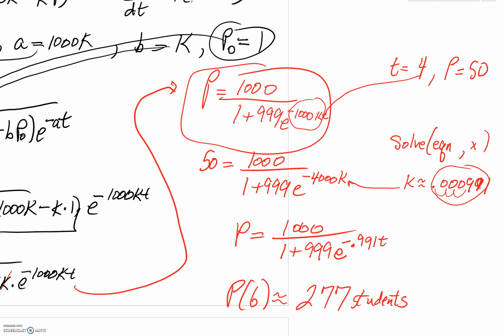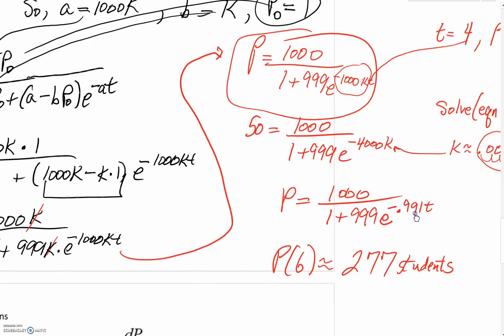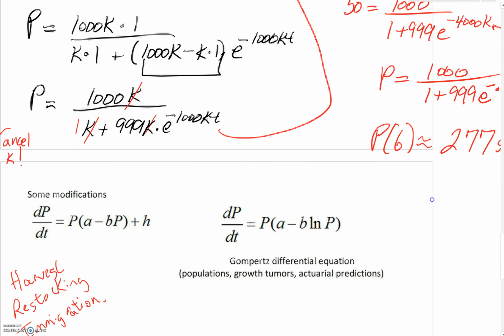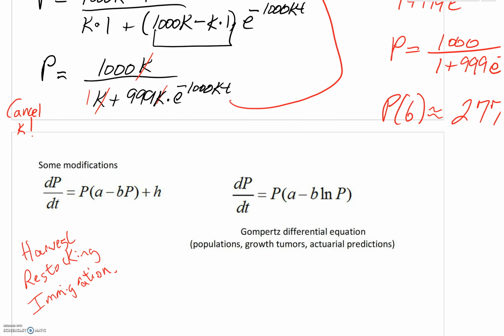Okay, best of luck. Thankfully, you're not going to be rederiving the logistic equation. You're rather going to be solving and working it through much the way we just did with this example. There are a couple other variations at the end. Sometimes they will give this to you.